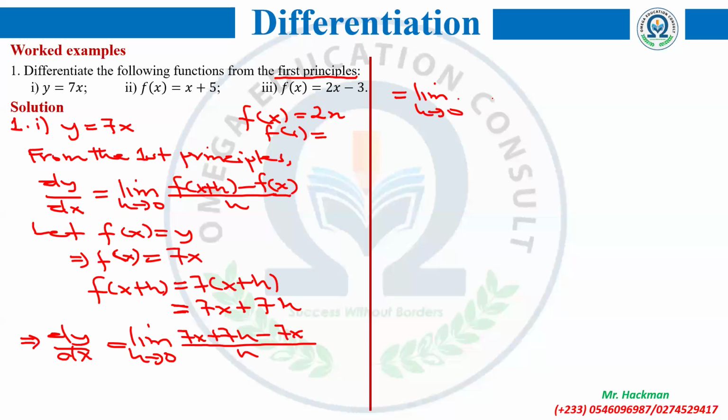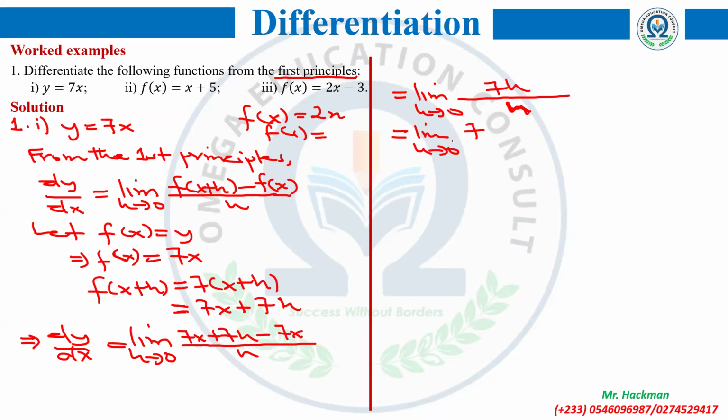Your numerator, can you simplify? You know that your numerator will give you 7h. Do you agree? Yes, please. All over h. My professors, I hope you are with me. Yes, please. Okay, so this will be equal to, the h will cancel. So you're going to get the limit as h approaches 0 of 7. Do you agree?